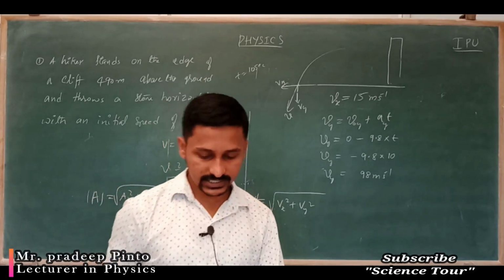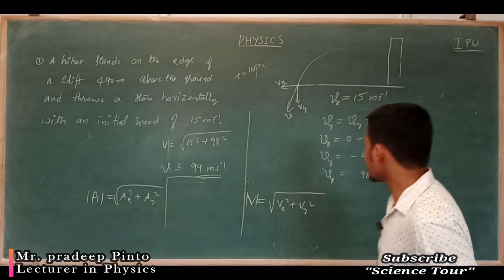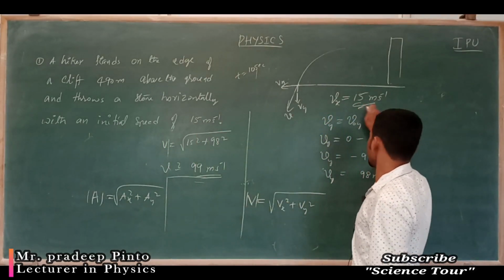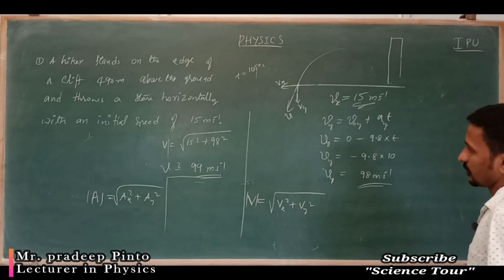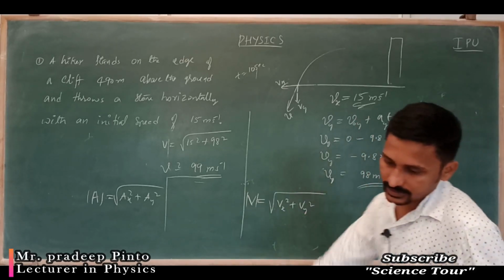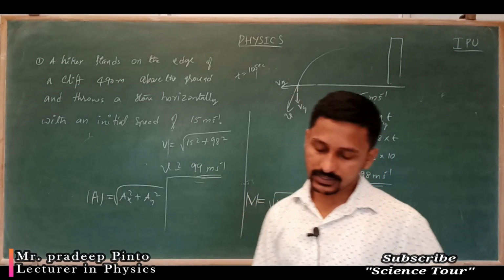Total velocity is in that direction, but in the x direction it is 15 meter per second, in the y direction it is 98 meter per second. Together it becomes 99 meter per second.